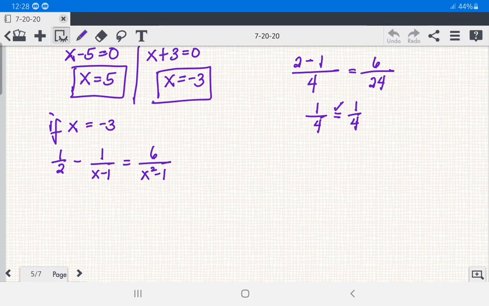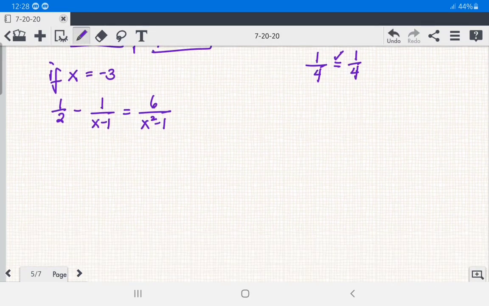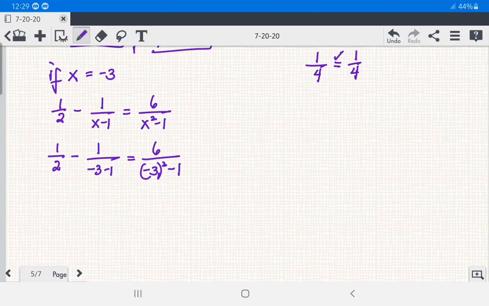Then, substituting the value, we have 1 half minus 1 over negative 3 minus 1 equals to 6 over negative 3 squared minus 1. Then, we have 1 half minus 1 over negative 3 minus 1, that is negative 4. Then, equals to 6 over negative 3 squared is 9, minus 1.